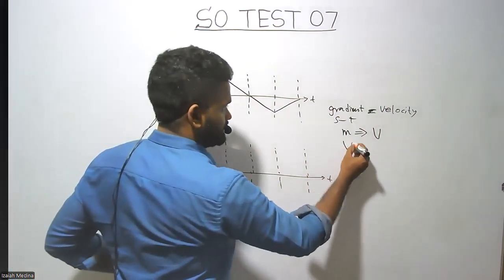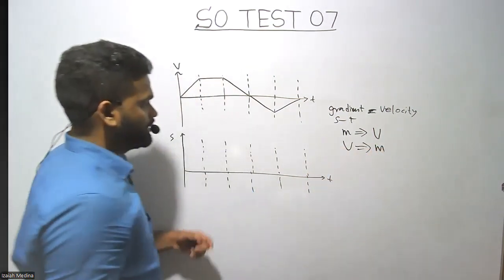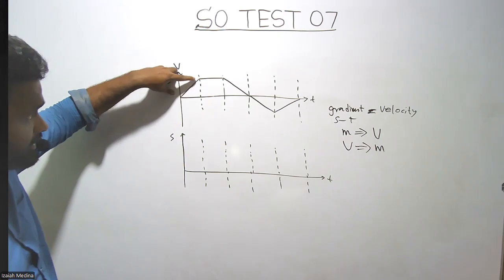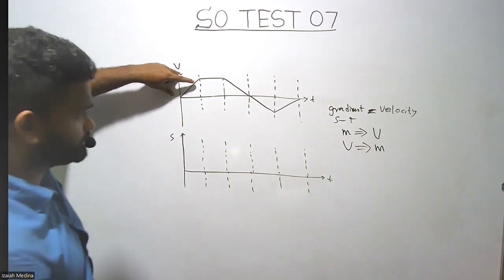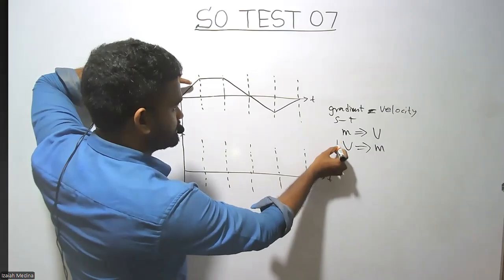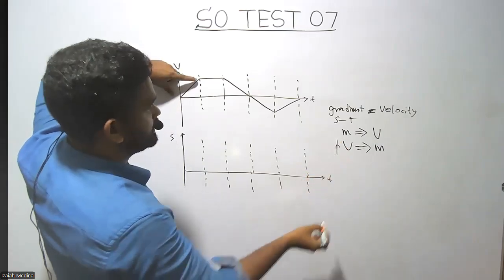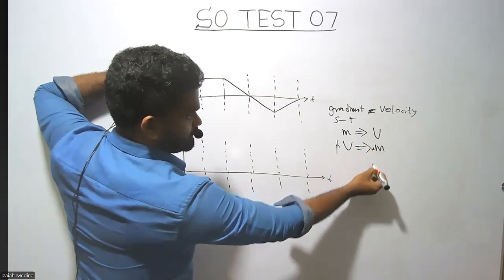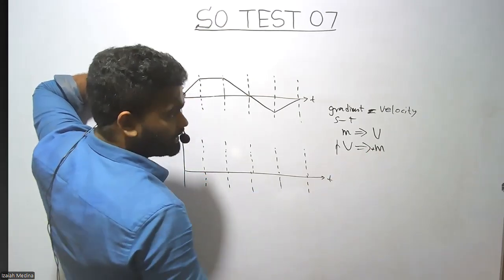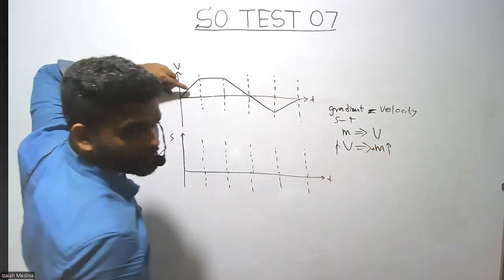I'll just write this another way. Here velocity is gradually increasing, linearly increasing. So what should happen? Velocity is increasing. And it is positive, right? First find the sign, it is positive, and the positive gradient is increasing.